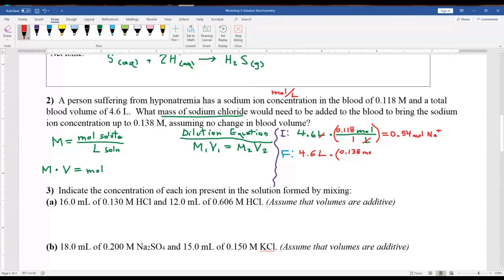Yes. And so this is, you said, 0.63? Yeah, if you're including significant figures. So this is what you start with, and this is how much you need to get to. So how much do you need to add then?